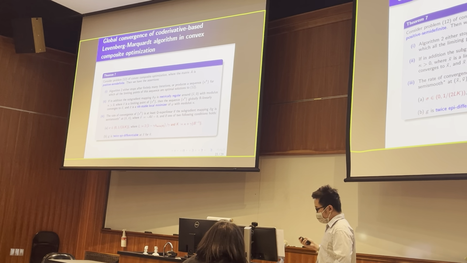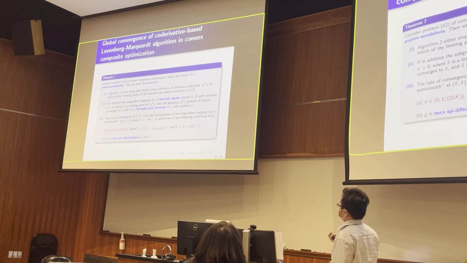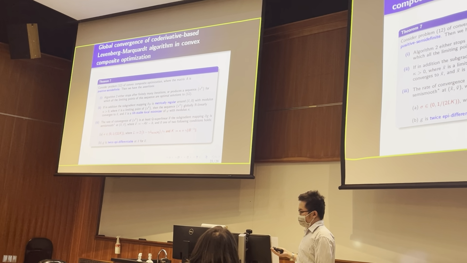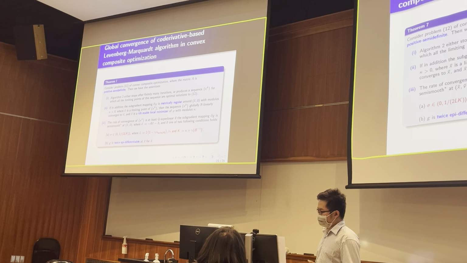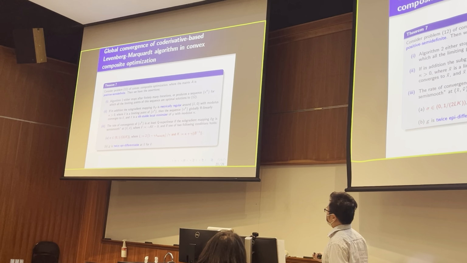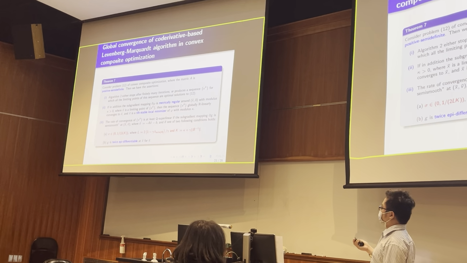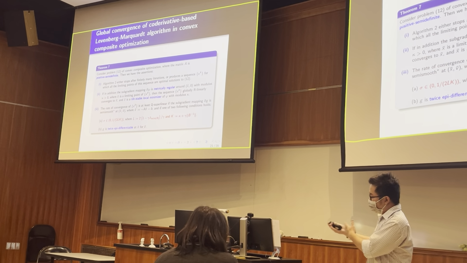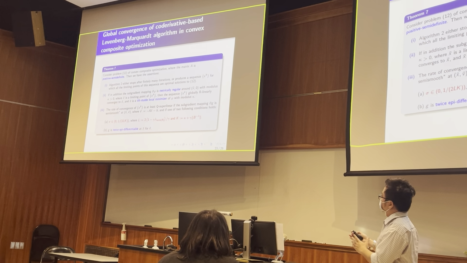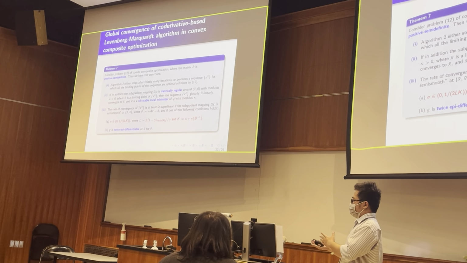In some algorithms, they will not assume the subgradient mapping is semi-smooth star, but they will assume semi-smoothness of the proximal mapping. And in some cases, the proximal mapping will be harder to calculate than the subgradient mapping. So the subgradient mapping is easy to calculate compared with the proximal mapping, and then we can check the semi-smooth star of the subgradient mapping more easily than we check the semi-smoothness of the proximal mapping.